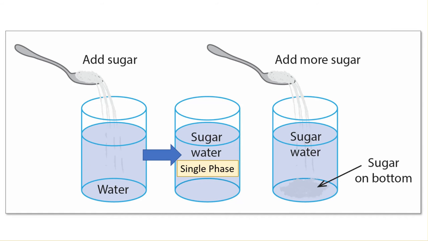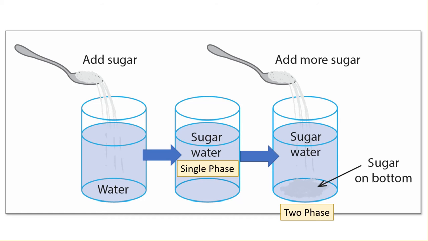But if we continue to add sugar, there will be a point where no more sugar can be dissolved into the water, and the sugar will precipitate to the bottom of the glass as a second phase. Now we have two phases, a liquid and a solid.